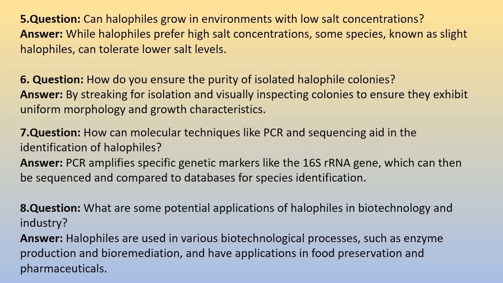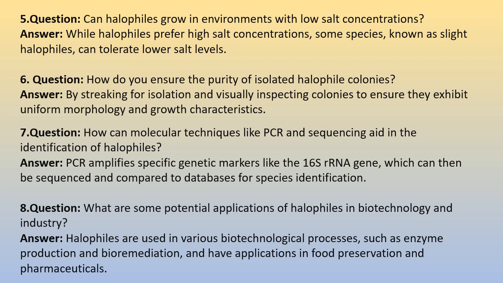No, because halophiles love high salt concentrations. Only slight halophiles, which grow within the range of 1 to 3%, can grow in low salt concentrations. They can tolerate such low salt concentrations, but not the moderate and extreme halophiles.